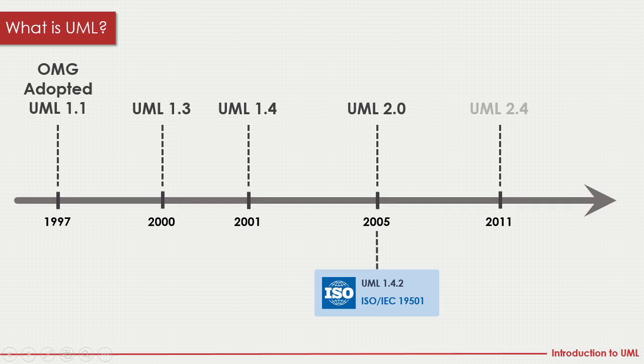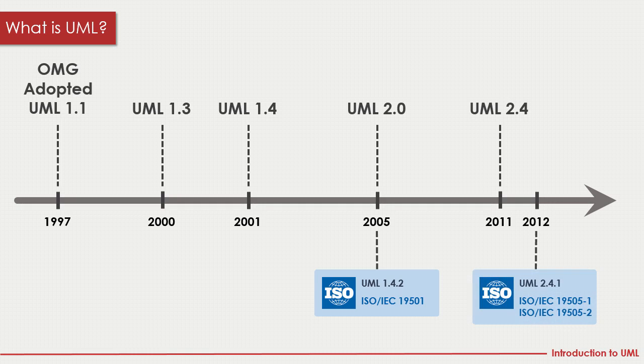In 2011 we had UML 2.4 with a lot of enhancements. And in 2012, ISO also validated the latest version of UML as part of the standard. Visual Paradigm implements the latest version of UML. So after a new release of the UML version, you can expect Visual Paradigm to follow up in the coming release, supporting the new diagrams, new properties, new attributes, things like that.